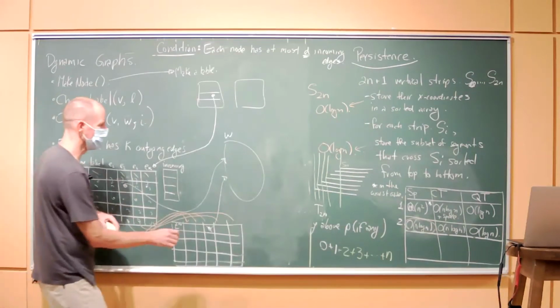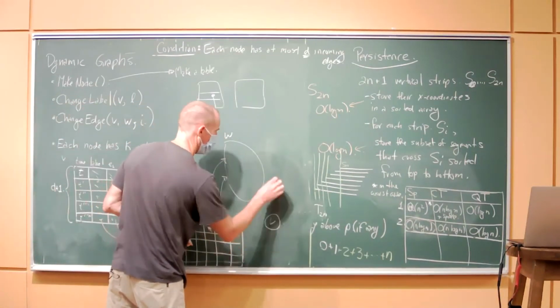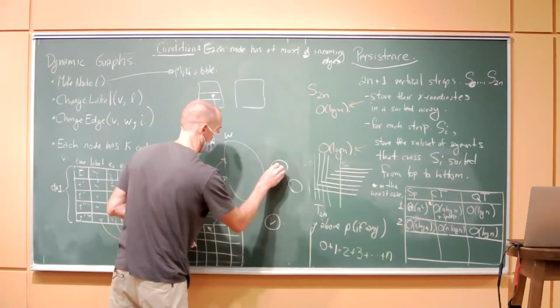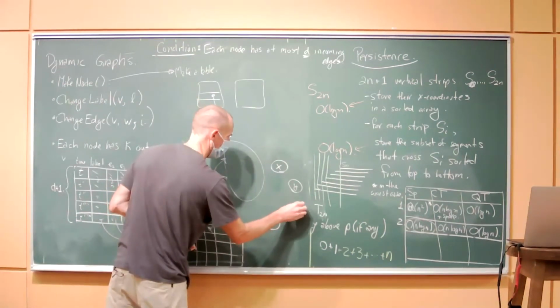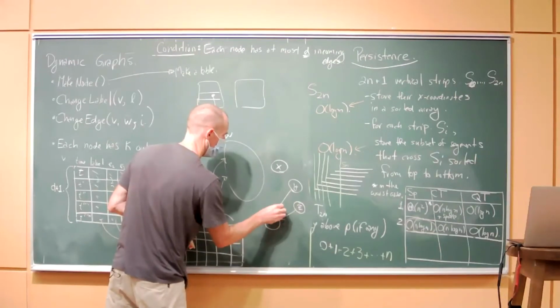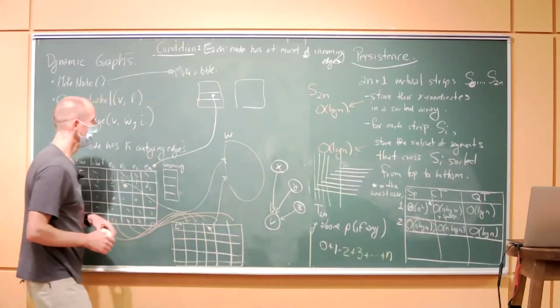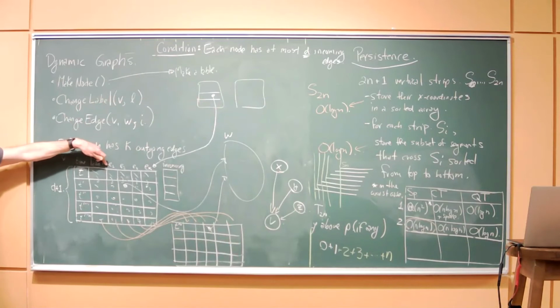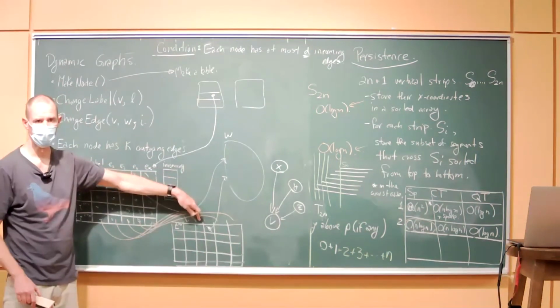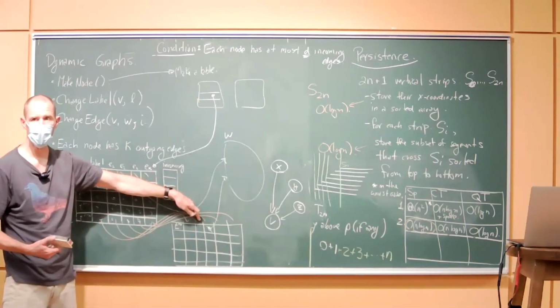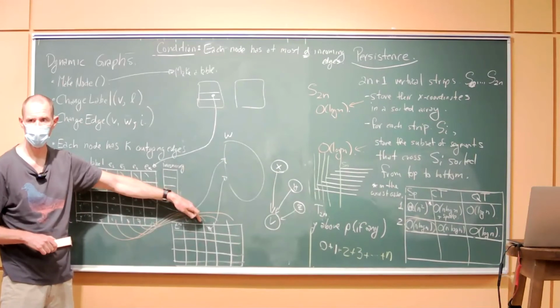If this is V in our graph, there can be other nodes like X, Y, and Z that point to V. Currently, those nodes are pointing to this table, but we're about to be done with this table. This is going to become the new table for V. We need to tell those nodes that they need to update their pointers.